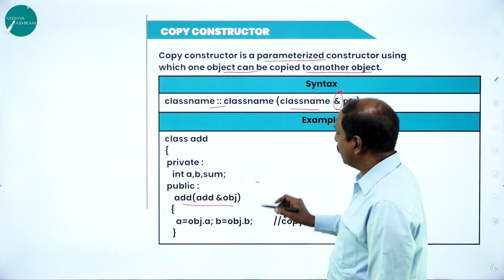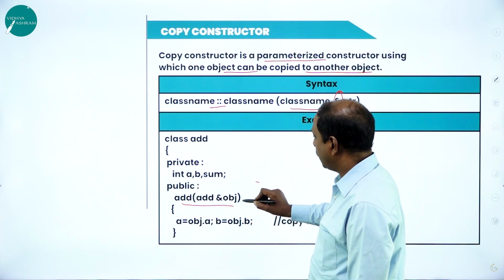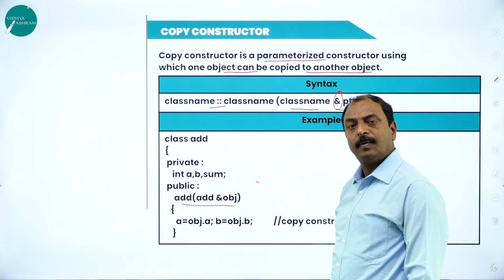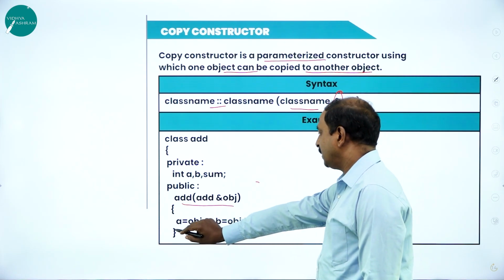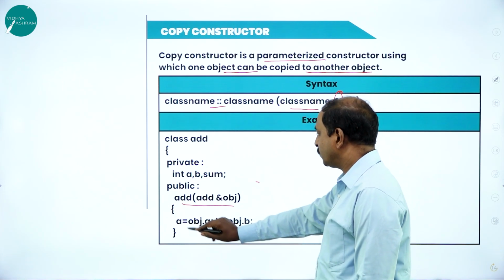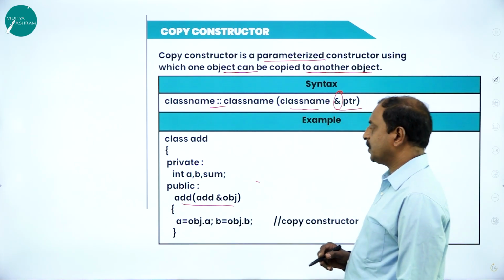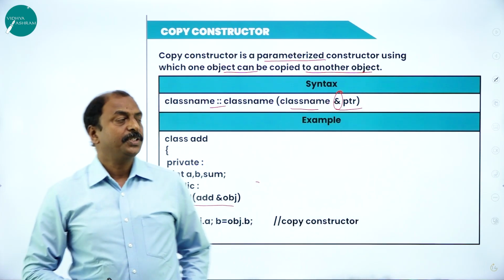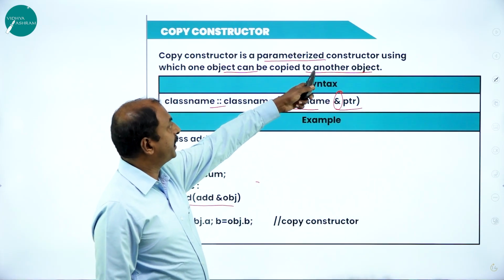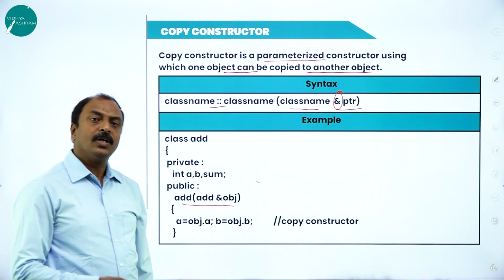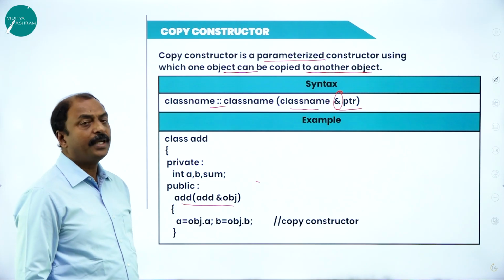In this constructor we have an object as an argument or parameter. Inside this we assign the values of these variables. So this is an example of a copy constructor. The definition is that it is a parameterized constructor where one object can be copied to another object.